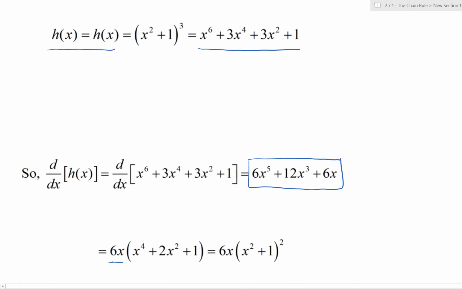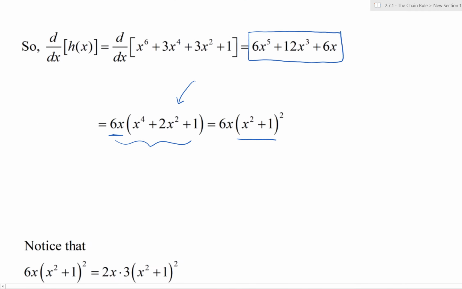And notice that this 4th degree polynomial being multiplied by 6x is the same thing as x squared plus 1 quantity squared. So our derivative of our composite function h of x is really just 6x times the quantity x squared plus 1 quantity squared.